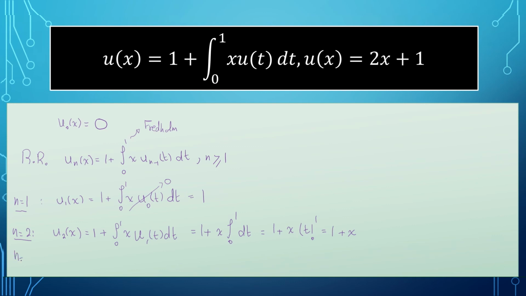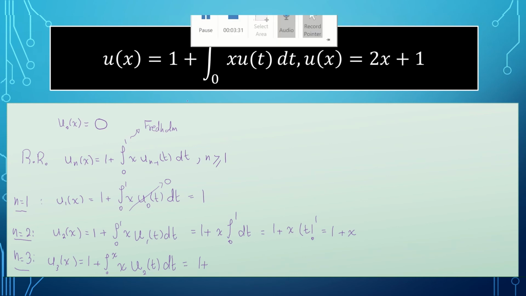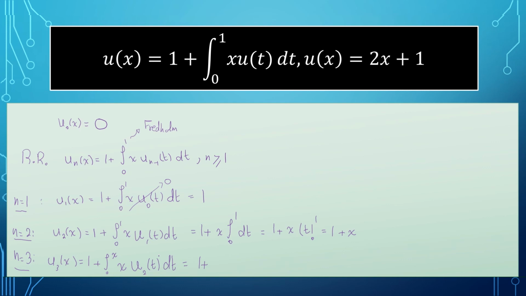Then at n equal 3, u3 of x will be equal to 1 plus the integration from 0 to 1, u n minus 1, which is u2, of t dt. And that's equal to 1 plus x.